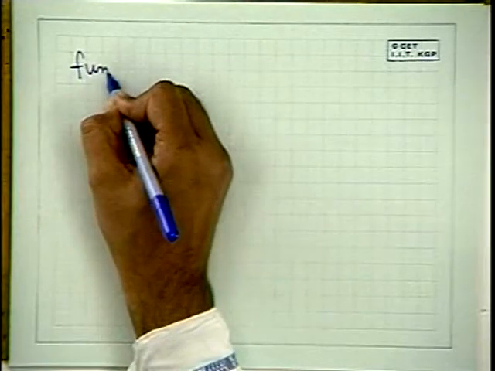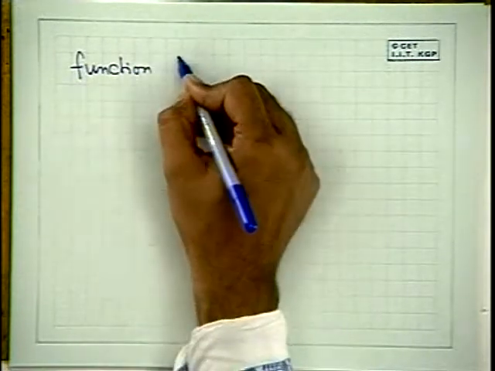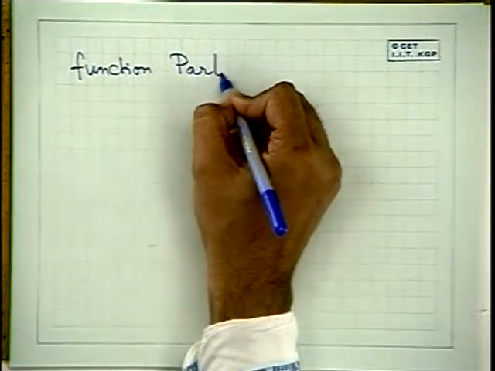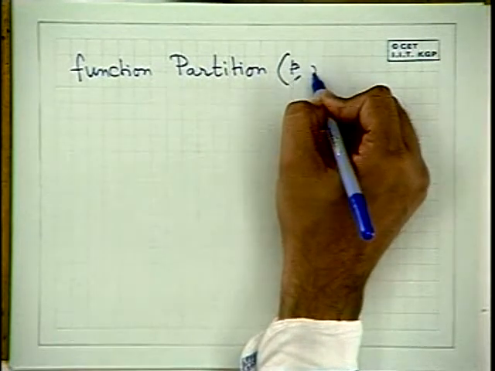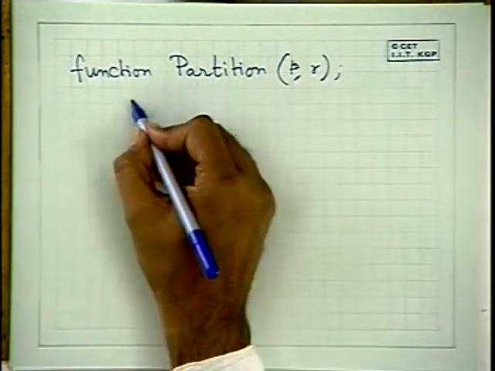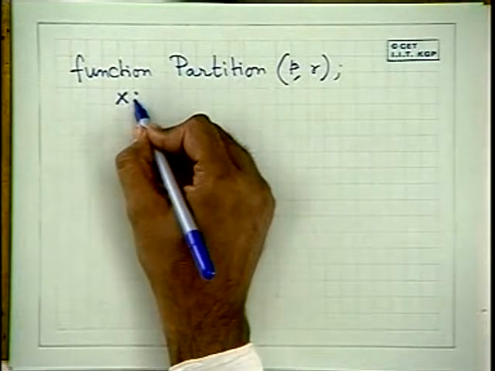So this is function partition. It takes two arguments, two indices p and r. What we will do is use one element of this array as pivot, and the pivot will in this case be the leftmost element. So A[p] will be the pivot.